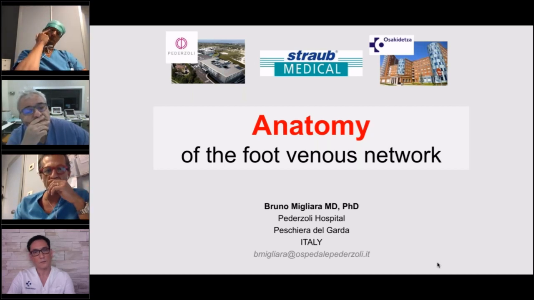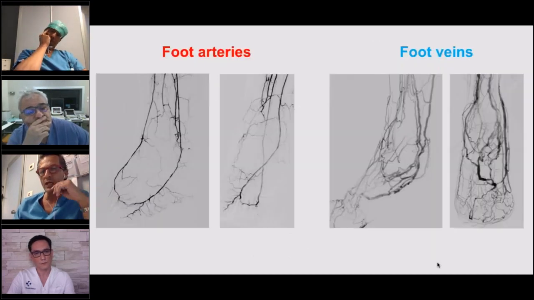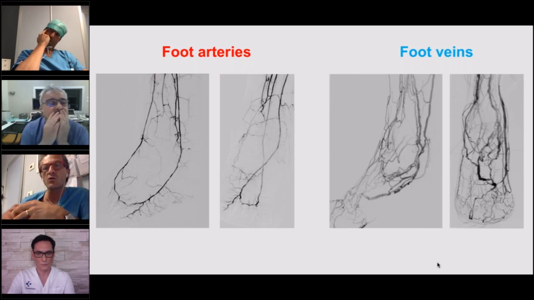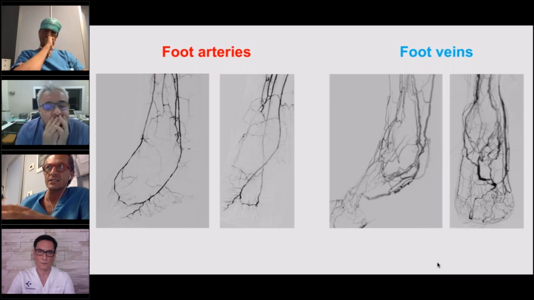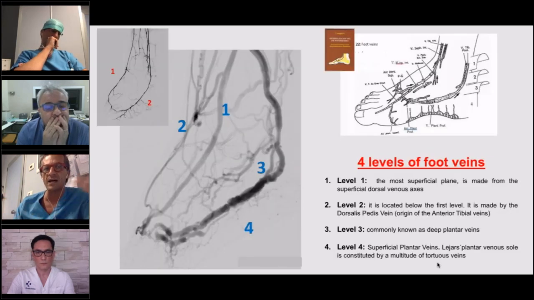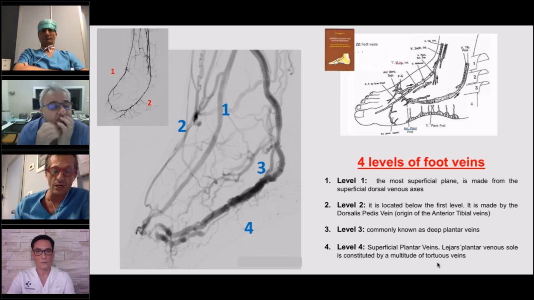About the anatomical key points, we can see here that the venous network in the foot is a little more complex, with more vessels than the arterial network. In the artery we have two main levels, the dorsal and the plantar, connected through the tarsal artery, the pedal plantar loop, the tarsal loop.